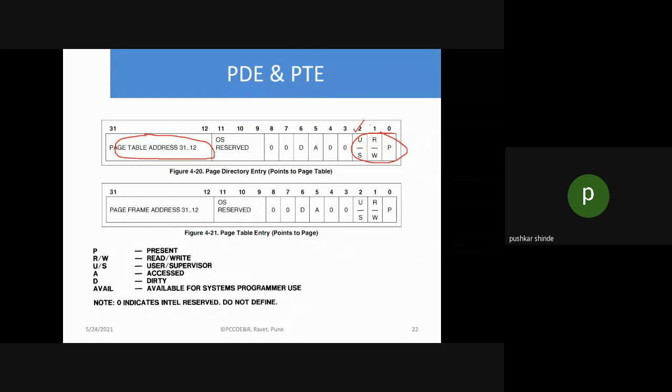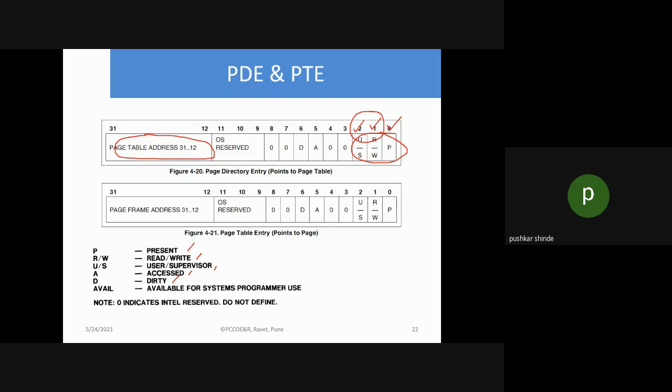These bits are for security in the paging. We'll discuss that in the next unit. Remember this: user supervisor, U/S, then R/W read write and present bit, and also the accessed bit and dirty bit. These are all related to security. Mainly U/S and R/W are more related to page level security.